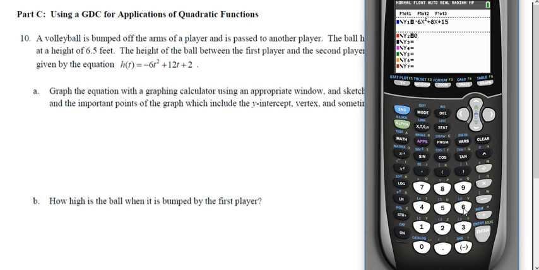Negative 6x squared plus 12t. So I got a plus. Okay, I'm just going to retype the rest of it. Plus 12x plus 2. Now, if you're typing over a line that's already there, just make sure that you don't mess it up. I don't know if I need this y2 equals 0, so for now I'm going to clear it. I'm going to go zoom 6, just do a standard window. So what does this thing look like?